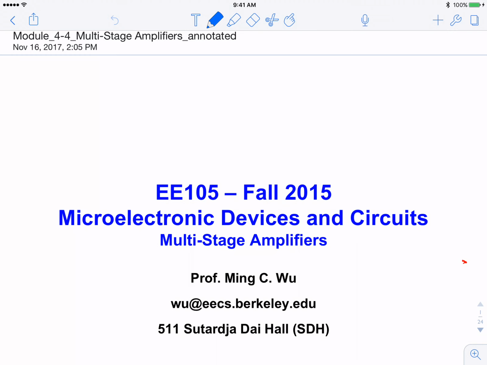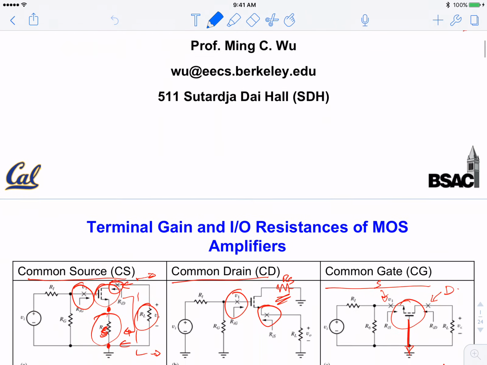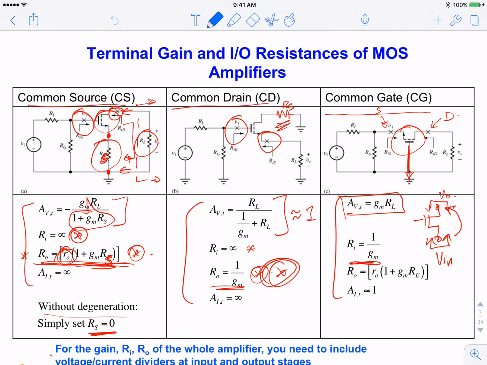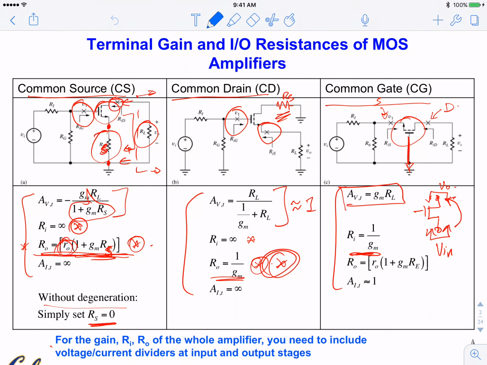We don't have a whole lot of materials left, so we can take it slow and make sure you understand all the important things. The topic last time is multi-stage amplifiers, each stage basically consisting of one main transistor.